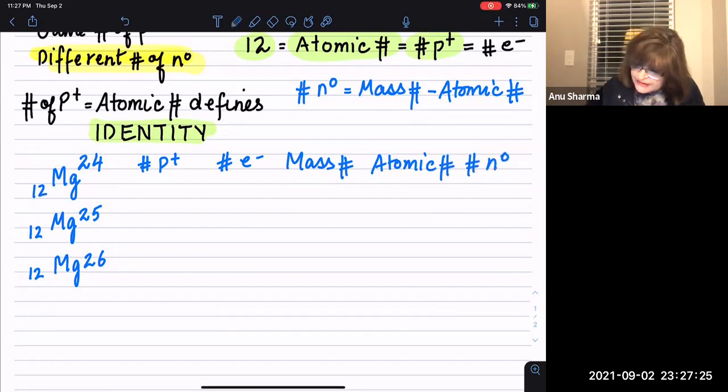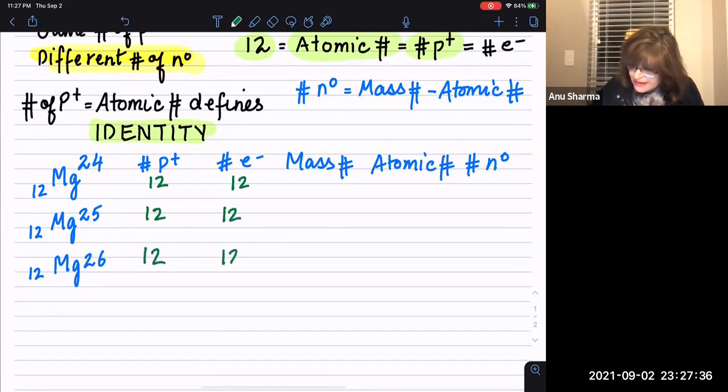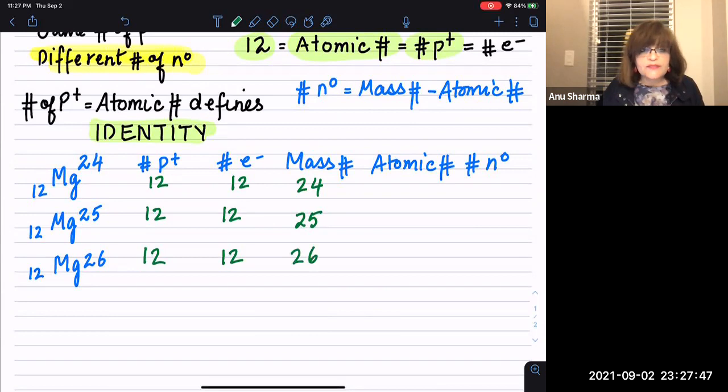We see here that the number of protons is 12, number of electrons is also 12. So 12 is common to each of these elements. The only difference is the mass number: 24 atomic mass units, 25 atomic mass units, and 26 atomic mass units. Then comes the atomic number, which is 12 in each case.